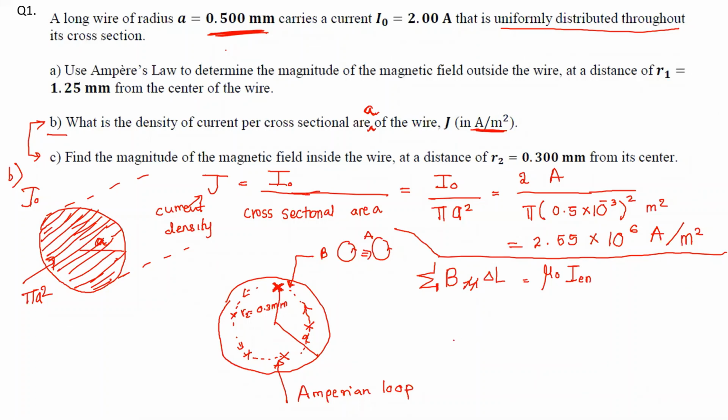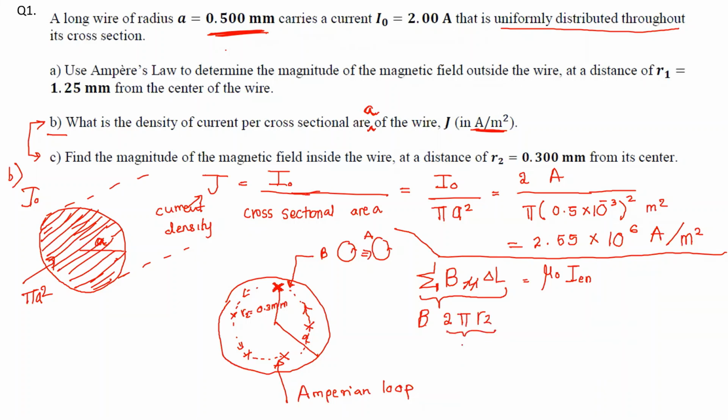Okay. This part is easy, right? Why? Because we chose our Amperian loop to be the same as the B field circle. So here we can write B times the length of our Amperian loop, which is 2 pi r2.